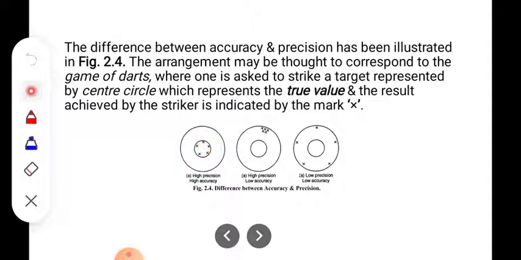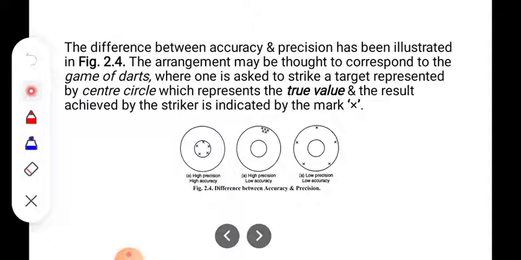But in the second diagram we can see that the archer has completely missed the bullseye, but all the arrows are targeted at the same point or close to the same point. That's why the accuracy may be low but precision is high. And in the third diagram we can say that not a single arrow is in the bullseye.